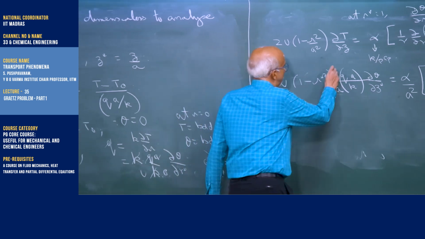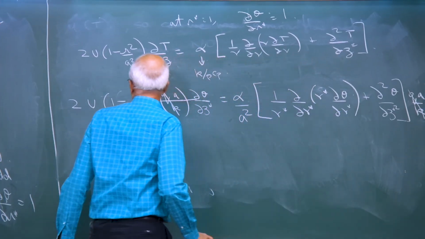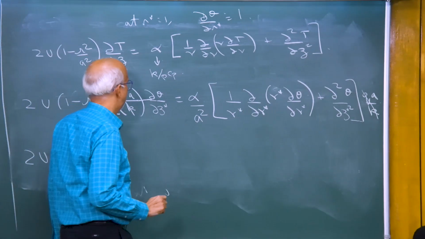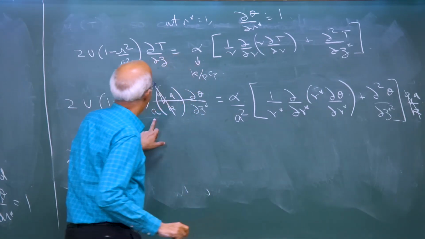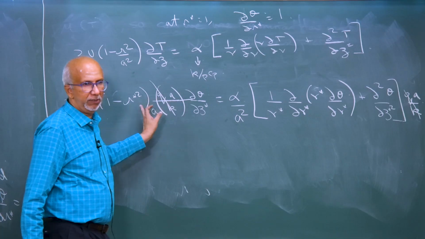So now this qa by k cancels off, and I have 2 times u. There is one a here, there is an a squared here. I am going to bring the a squared alpha to the left hand side.